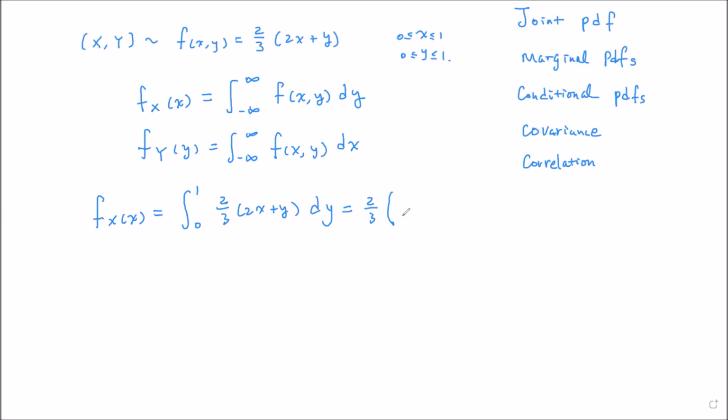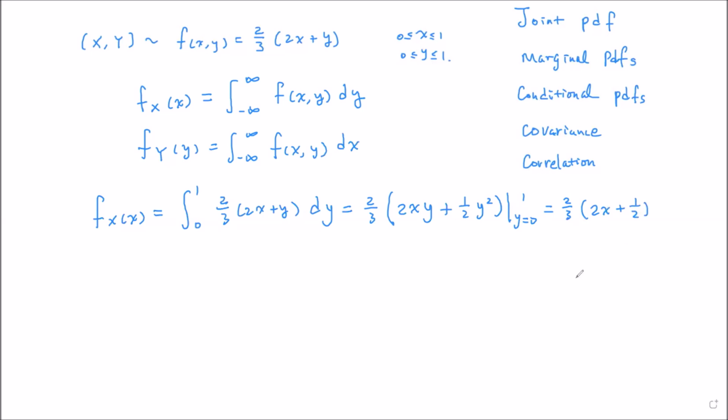The antiderivative of 2x with respect to y: 2x is just a constant, so you have 2xy, and for y the antiderivative is y squared over 2. Evaluating y from 0 to 1, 2/3 times, you plug in 1 for y, so you have 2x plus 1/2.